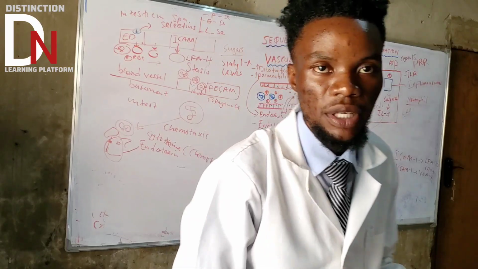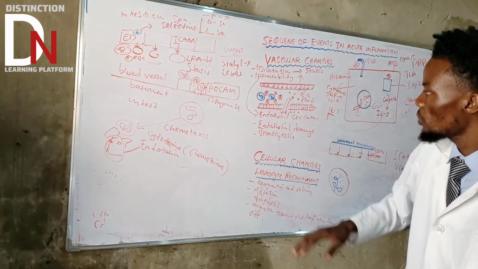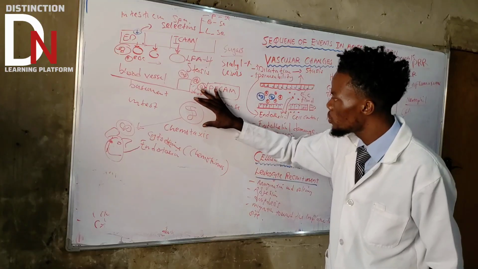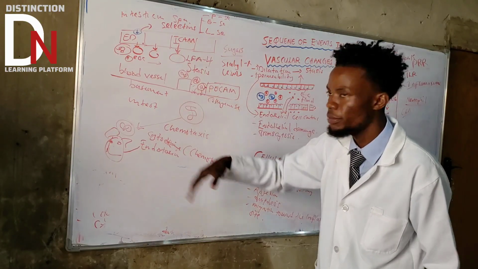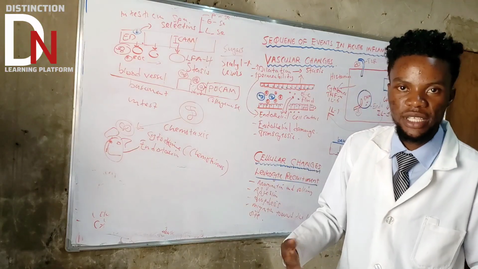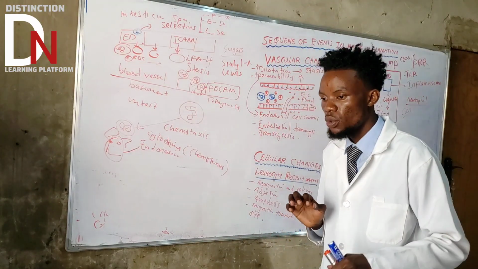Chemotaxis is basically the movement of the white blood cells toward the site of inflammation due to the effect of the chemokines. Now the question is, how do these white blood cells move from one place to another? They don't have lower limbs like us. So they use what we call pseudopods.